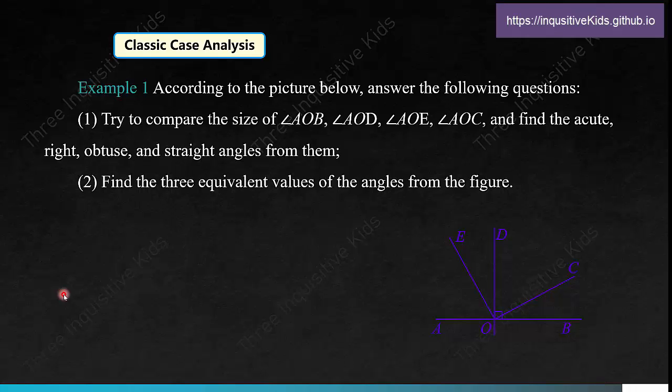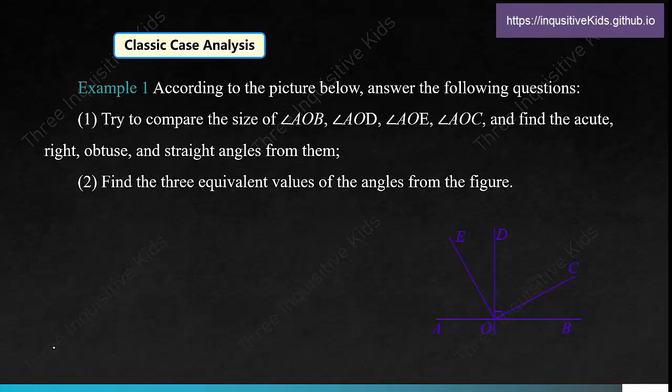Well, let's just look at each of these angles. First, we have the angle AOB. Angle AOB is this angle right here. It's 180 degrees, meaning it looks straight. So it's 180 degrees and it's a straight angle.